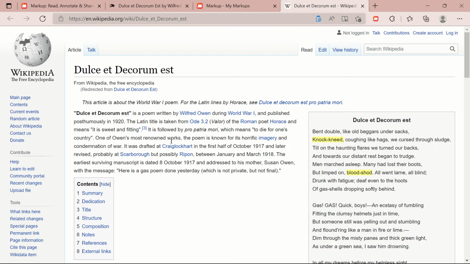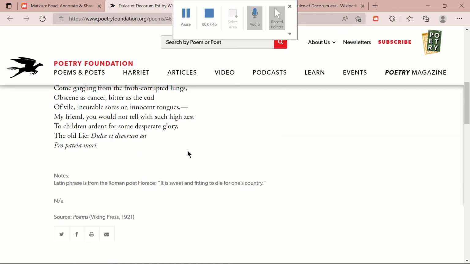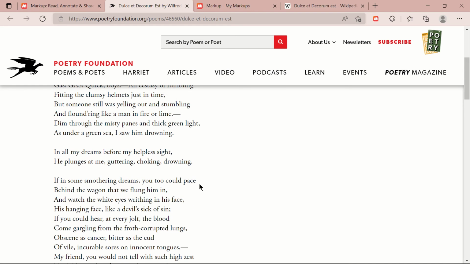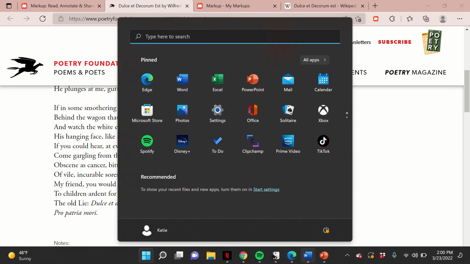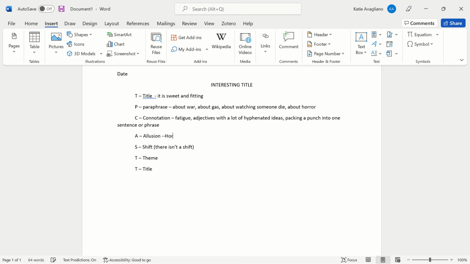Does Horace think it is sweet and fitting to die for one's country? Does Wilfred Owen think that it is sweet and fitting to die for one's country? So the allusion is to Horace, Roman poet from 32 BCE.